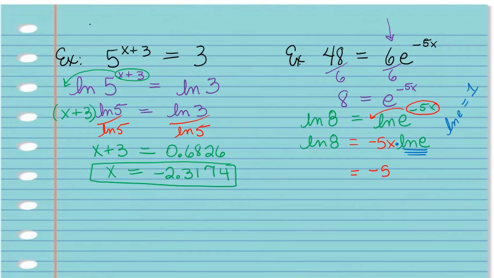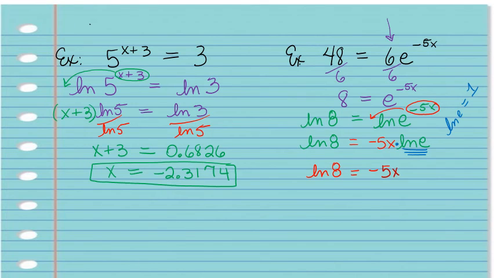It's just negative 5x is equal to the natural log of 8 because ln e is 1. So some people say it cancels out, however you want to look at it. It's not there, and that doesn't look like an x, so let me fix that. But that ln e is 1. Natural log of e is 1.